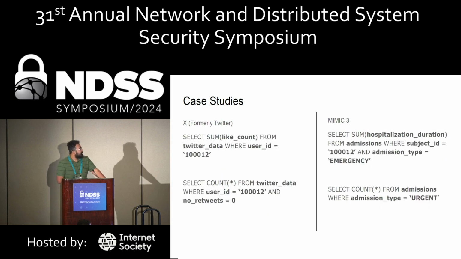These were some of the sample queries that we tested. For the X case study, we tried out different queries that involve aggregations and constraints around counts, retweets, and the user IDs.